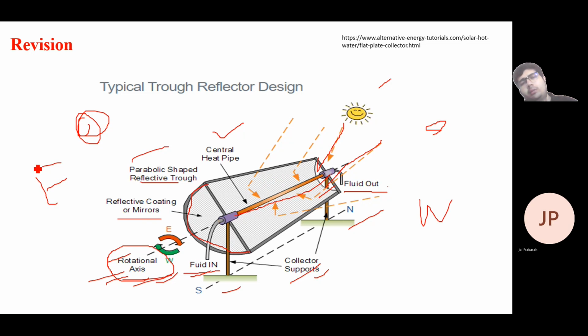So this is west and this is east. The sun is going from east to west, so we can rotate the rotational axis in east-west direction.